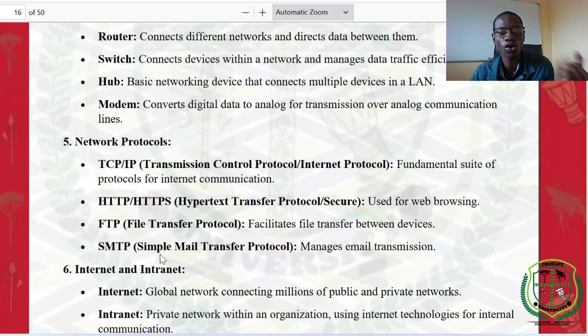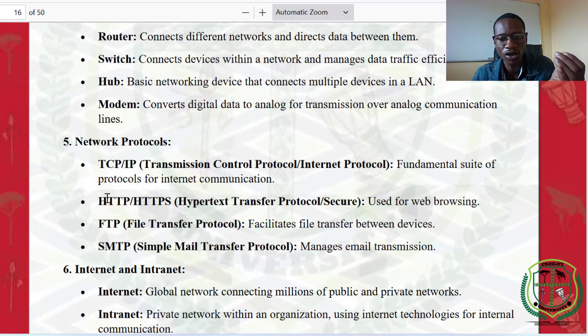Then there's SMTP, Simple Mail Transfer Protocol. This one manages email transmission. So for emails, you use SMTP. When you are transferring files, you use FTP.